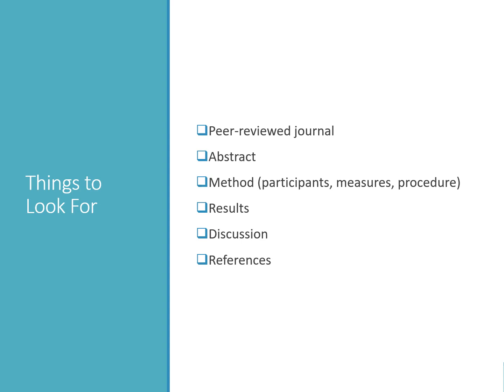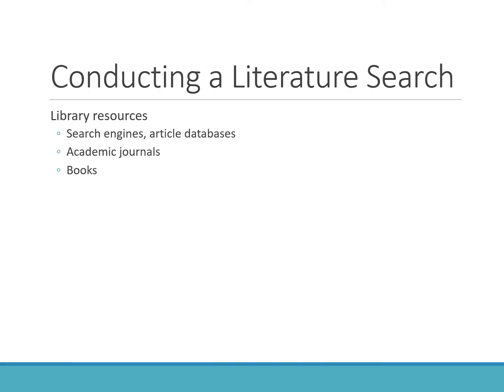Did they run their analyses and describe them? The discussion section as well, and sometimes it's called the conclusions instead, or discussion and conclusions, but there should be some kind of information after the results section. And then an empirical article will include references, but a peer-reviewed article will also include references.